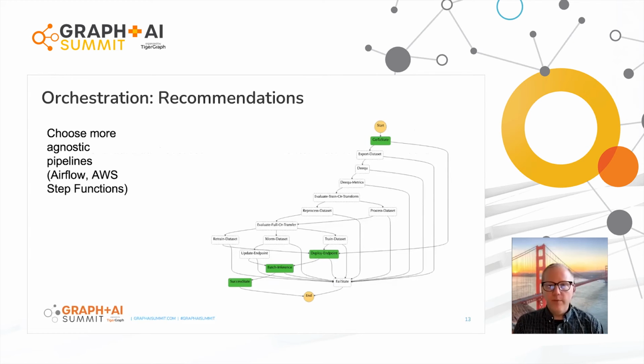And so what you may find here is that, rather than using one of the purpose-built MLOps orchestration tools like Kubeflow Pipelines, you may find it easier to use a more general purpose orchestration tool like Apache Airflow. That's a very common open source one found in the big data ecosystem. AWS Step Functions is another general purpose orchestration tool. And the picture you're seeing there is actually just an illustration of the MLOps pipeline I built for a graph database as an example for this workshop.